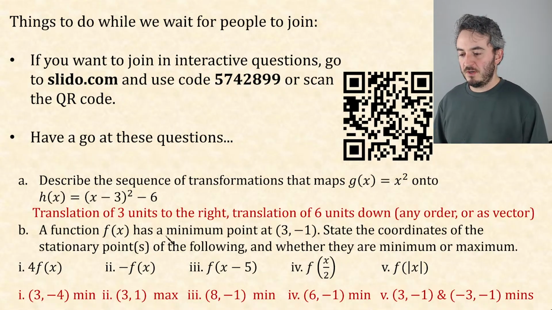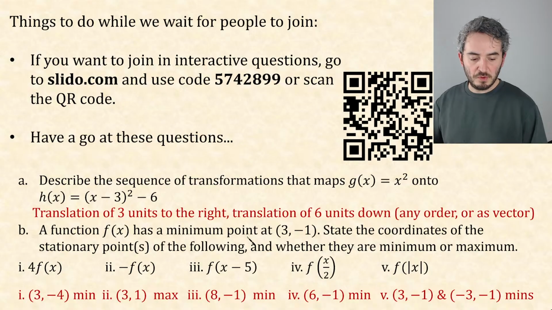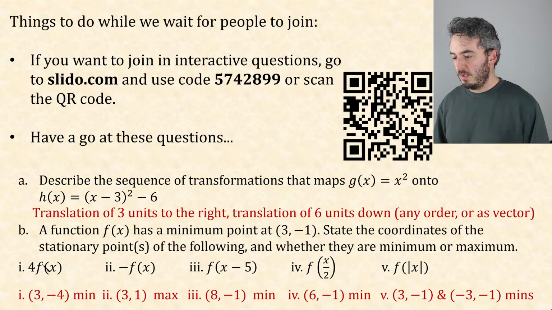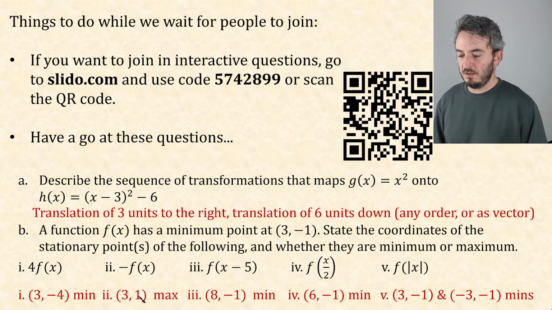Okay, and this one here, the function has a minimum point of (3, -1). State the coordinates of the stationary points of the following, whether they are minimum or maximum. We'll go through all of this, so don't worry if you weren't sure. This one here multiplied the y value by 4. This one here multiplied the y value by -1, and it turned it from a minimum to a maximum by flipping it.